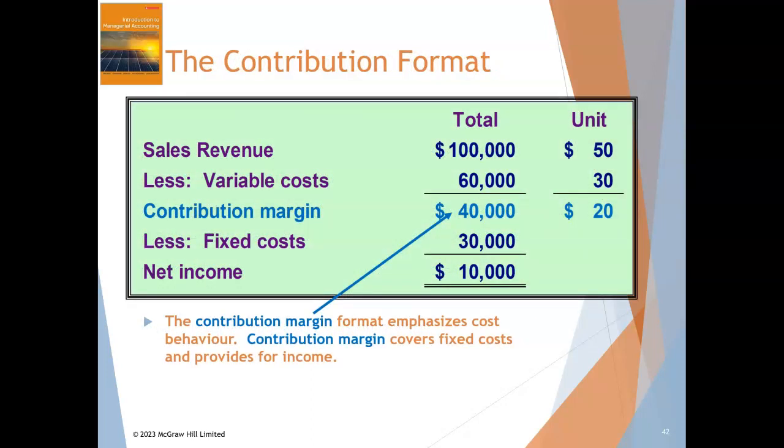The contribution margin format emphasizes cost behavior. Contribution margin covers fixed costs and provides for income. We have sales revenue minus variable costs equals contribution margin minus fixed costs equals net income.